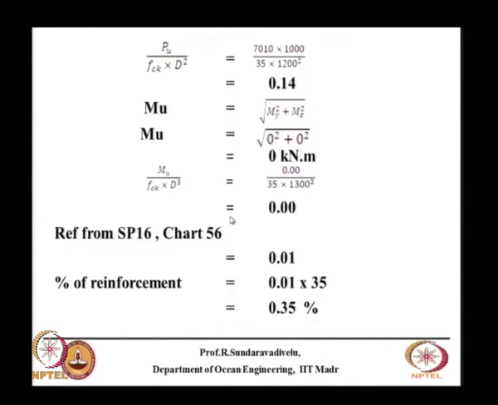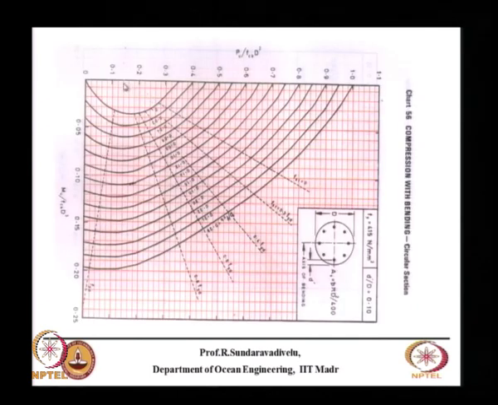In the earlier case, Mu by fck d square is 0 and Pu by fck d square is 0.14, so the point is somewhere here, which means we do not need any steel. But if the point comes somewhere here, typically we do not want to put anything more than 0.1, the typical level we use is 0.5. Suppose this point is there, this is about 0.02.